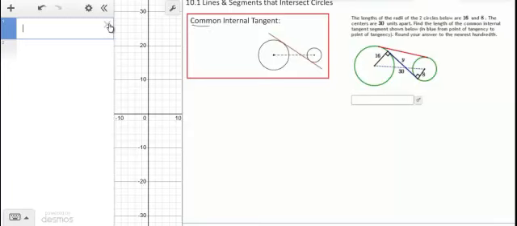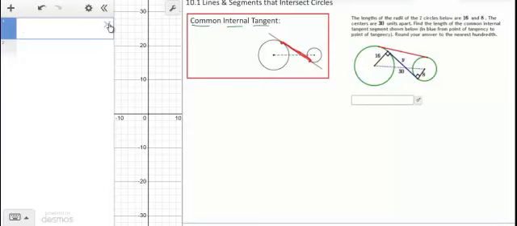So the first one is what's called a common internal tangent. And the common internal tangent for this is this tangent segment between two circles. And notice that that tangent segment there passes through this imaginary line connecting the circles, the dashed line.